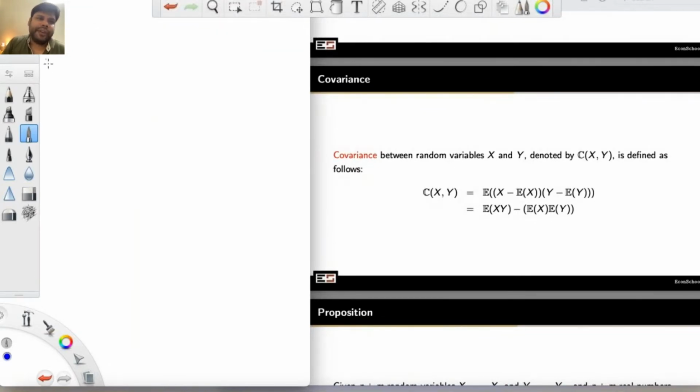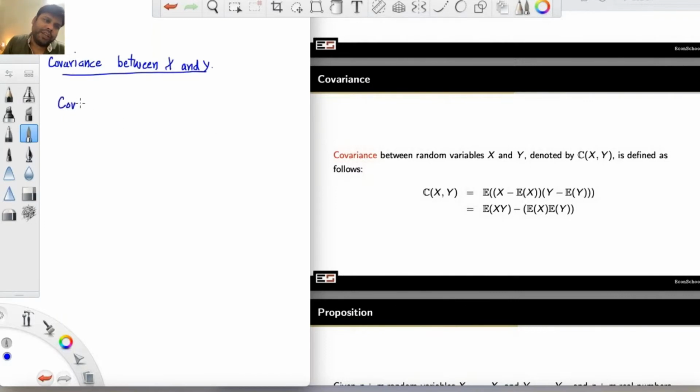Now let me give you the definition of covariance. Covariance between X and Y. So what is the covariance between the two random variables X and Y?